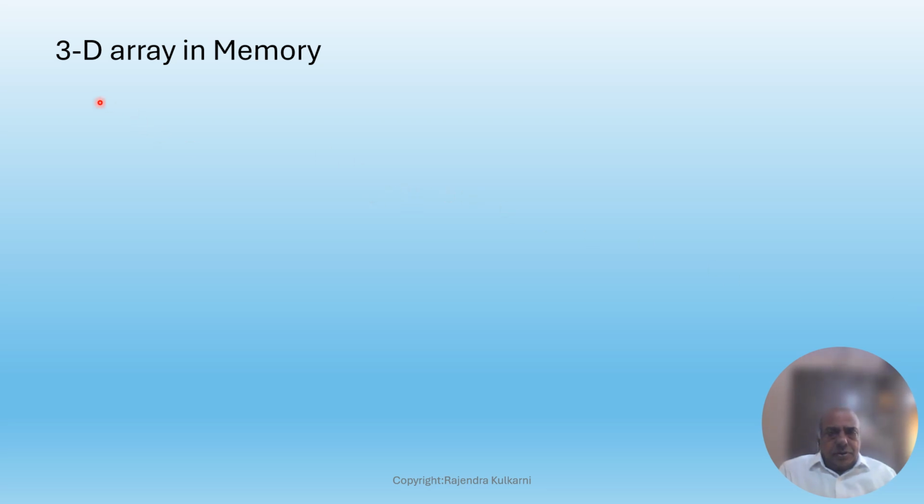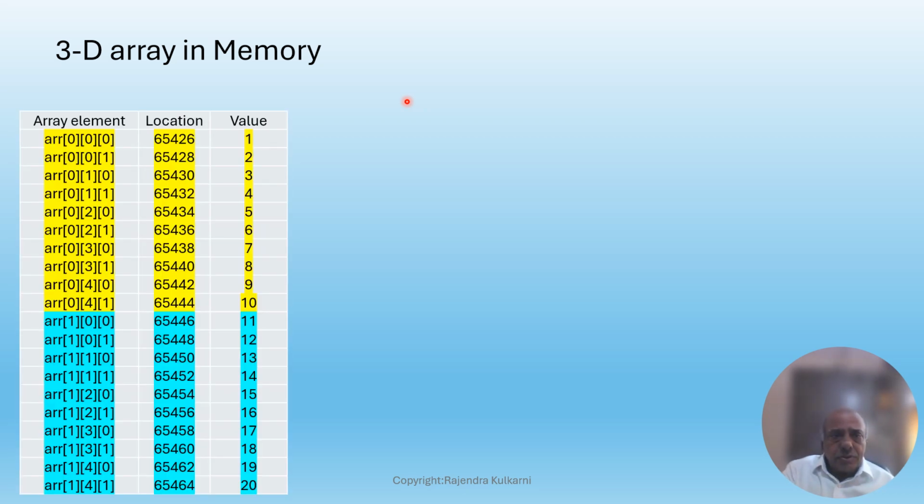So in this slide we just look at the way the elements of the 3D array, which we discussed in the earlier slide, are organized or allotted memory locations by the compiler.